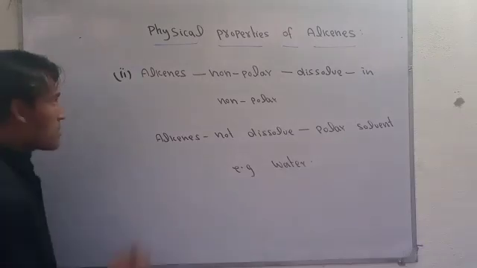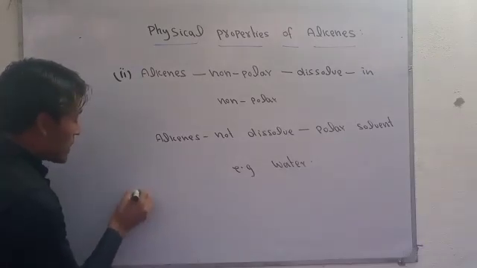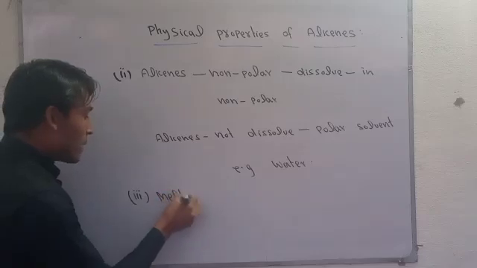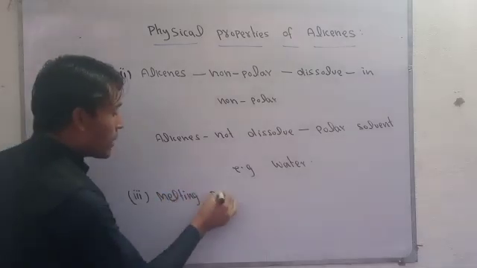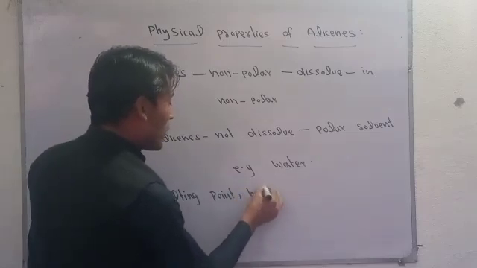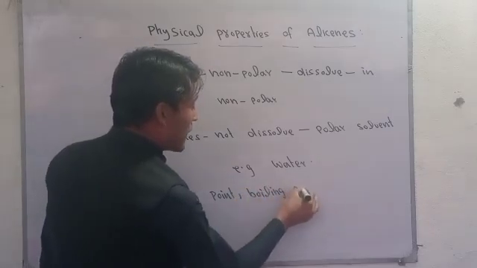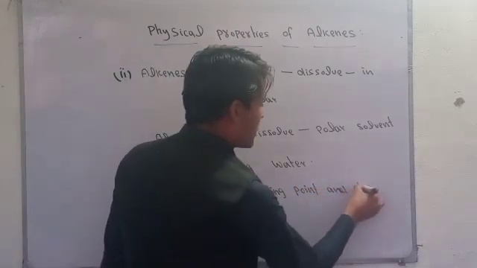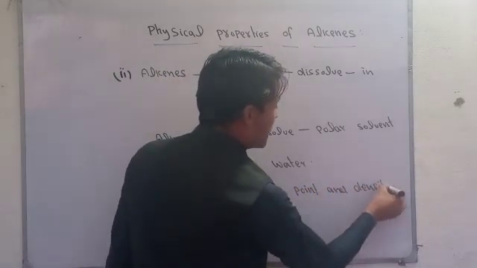Now the last property, the third, is melting point, boiling point, and density.